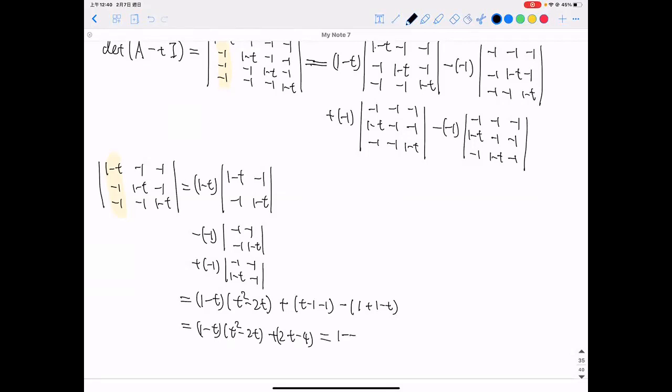So 1 minus t, t squared, t minus 2 plus 2 times t minus 2. So it's t minus 2. What is it? t minus what is it? 2 plus t minus t squared. Okay, that's the first bit.